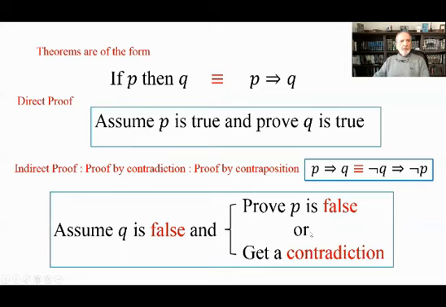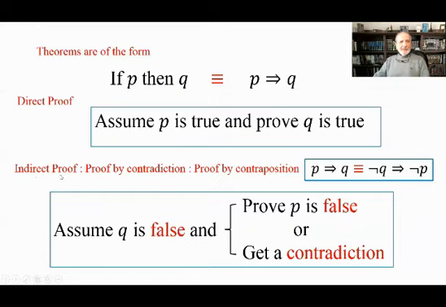Now, again, we go to the original statement here. If P then Q, P implies Q. This is the theorem that we are trying to prove. In the direct proof, we assume P is true, and we prove Q is true.